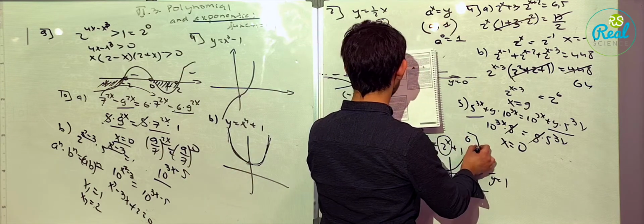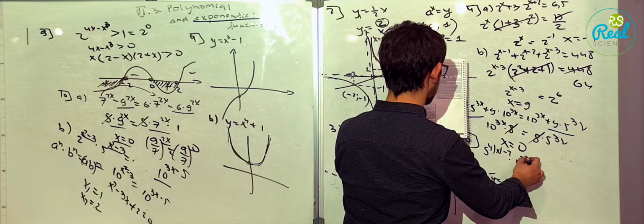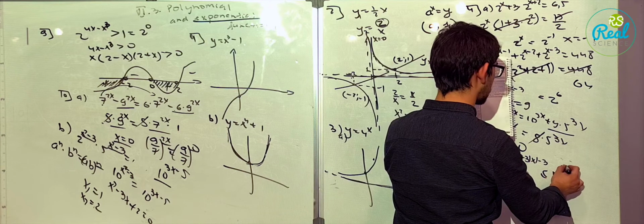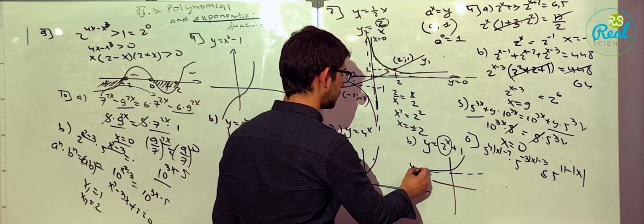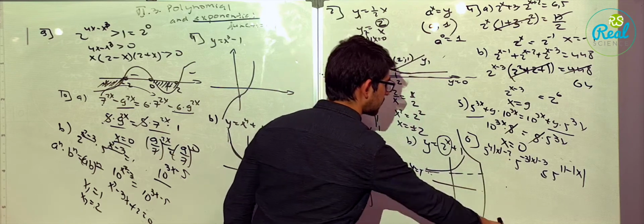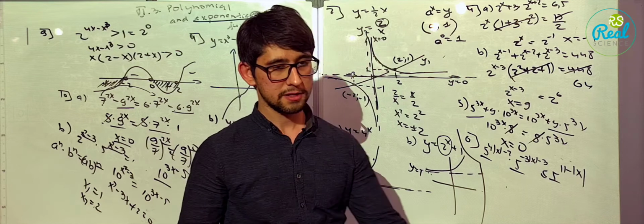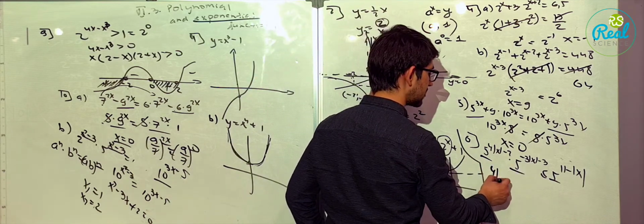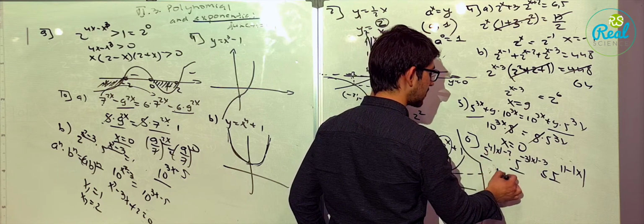Let's turn to 6. 5 to the power of 4 modulo of x minus 2, 5 to the power of minus 3 modulo of x minus 3, less than or equal to 5 to the power of 11 minus modulo of x. So here you have the same bases. You can drop their bases, right? And the sign will not change. 4 modulo of x minus 3 modulo of x, you're left with modulo of x only.